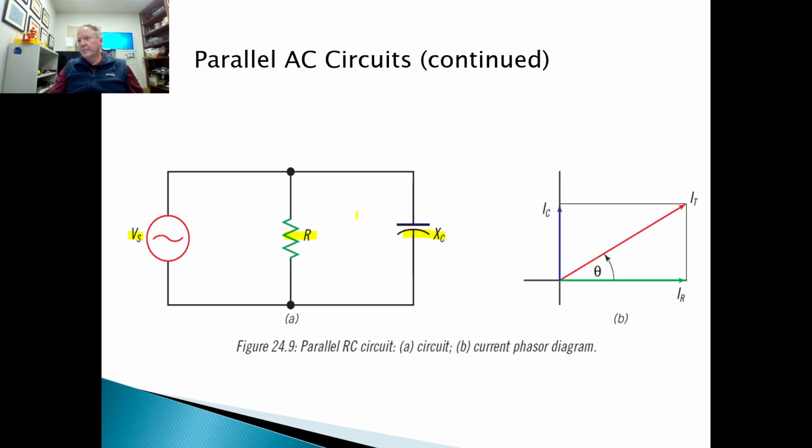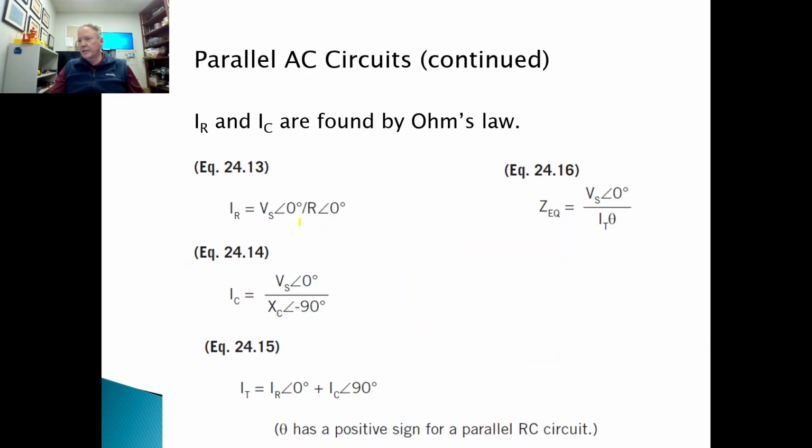So we can get IR here and then IC here with this. So IR equals the source voltage divided by the resistance. And then IC is going to be the source voltage divided by the capacitive reactance.